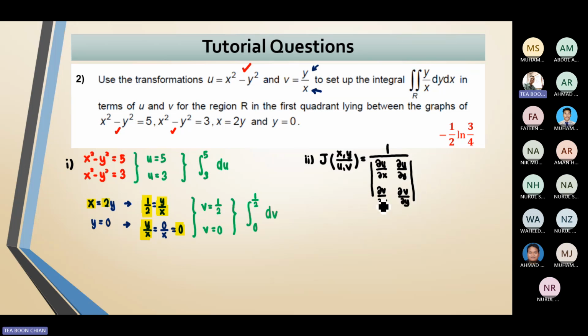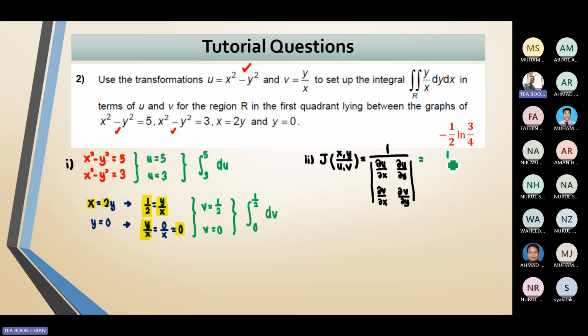The second reason why I picked this question is that so far we rarely see a transformation having a fraction, let's say here v equals y over x. Later you may need to partially differentiate with respect to x and with respect to y, so it will be good for us to go through this exercise slightly here.